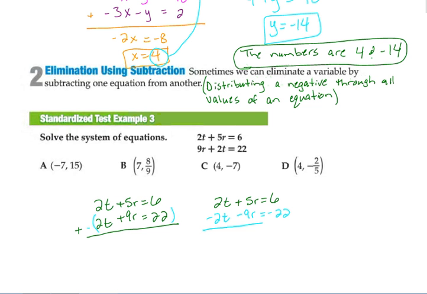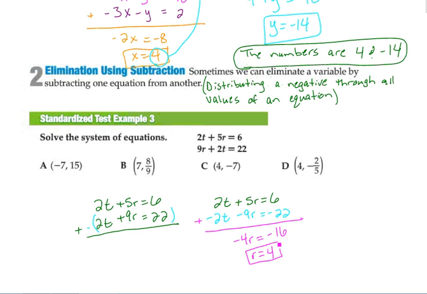I made sure to do that same operation all the way through. So now it looks like I can go ahead and solve this system of equations. Now I can go ahead and add them together. My t's cancel. I'm left with negative 4r equals negative 16. So r equals 4.